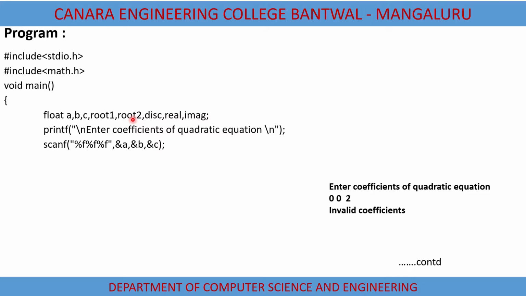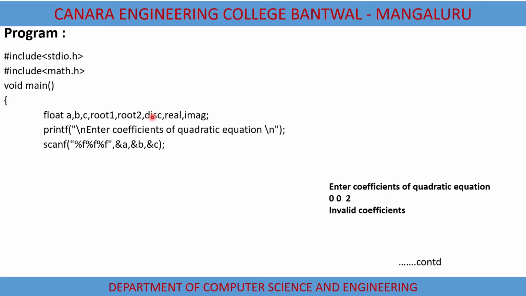To hold the root values, I have taken root1 and root2 as two different variables. Then to calculate the discriminant value, I have taken a variable disc, followed by real and imaginary variables to hold the real and imaginary values.